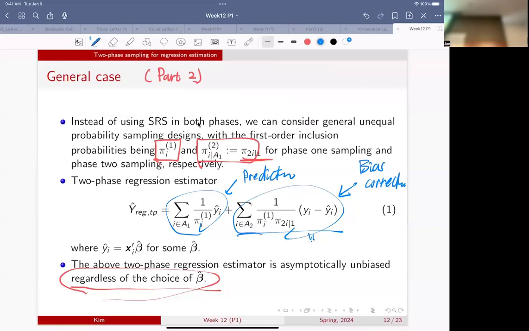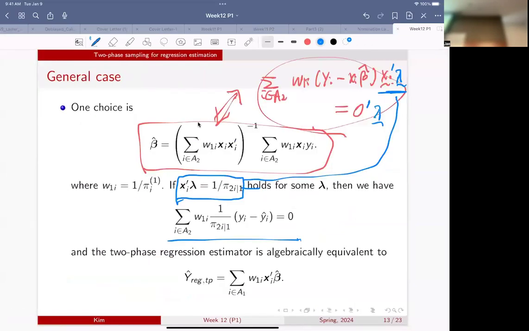Okay. So one observation is that here's a condition that makes the bias correction term equal to 0, algebraically, not just asymptotically. If you include x to contain the 1 over pi, this is sometimes called internal bias calibration in the prediction.